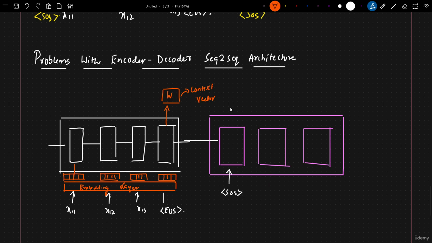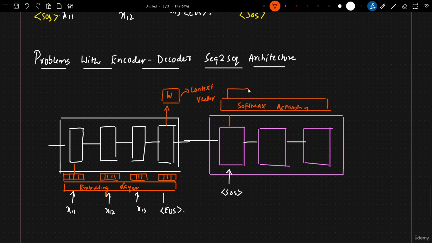I will get my output. This state will still be passed till the last layer, but this particular output will pass through a softmax activation function, and with respect to this I get the output.